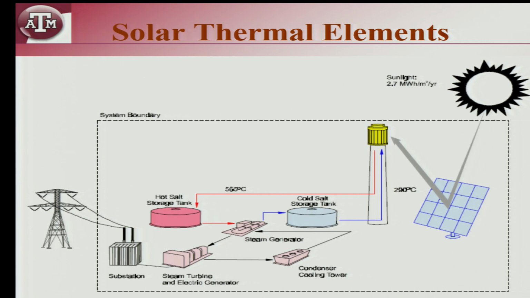So, you concentrate the solar power onto this tank, this tower, and it has molten salt. The molten salt comes out at about 600 degrees Celsius, gets stored in a hot tank. Okay, then you take a part of that hot salt out, pass it through a heat exchanger, generate your steam, generate your electricity, and then the cold salt at about 480 degrees or 300 degrees or so gets into this tank and gets pumped up here.